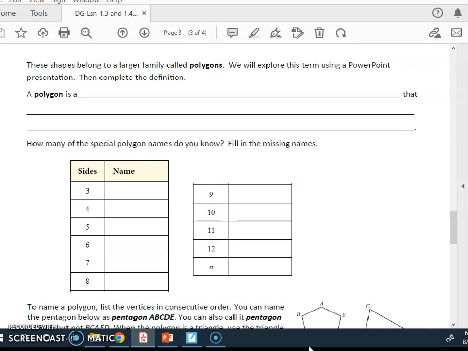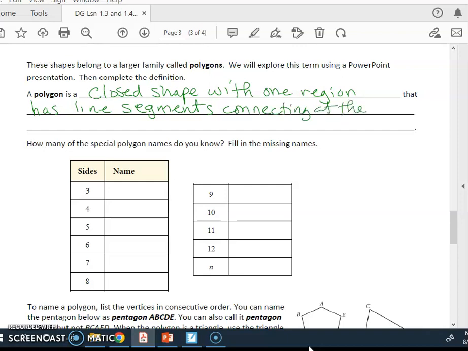So a polygon is a closed shape with one region that has line segments connecting at the endpoints of other line segments.